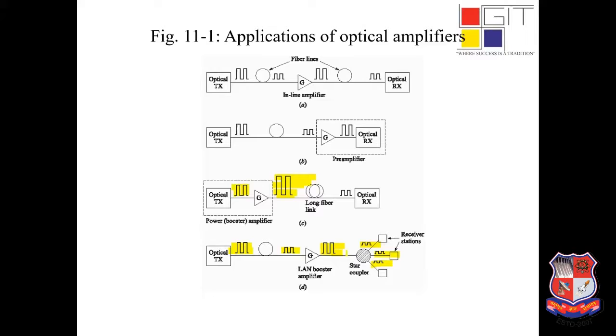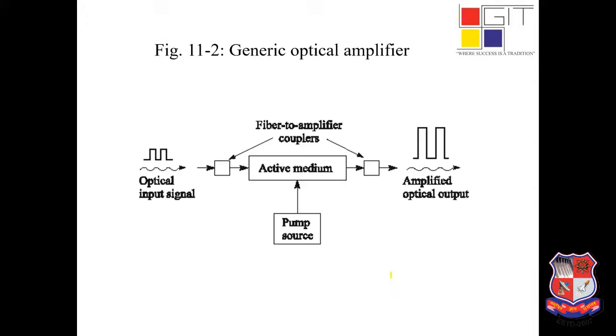Then when it goes to the star coupler, it is further divided, and during that division process it gets attenuated a bit, such that each receiver station needs a little bit of a power boost, or an amplifier within itself.